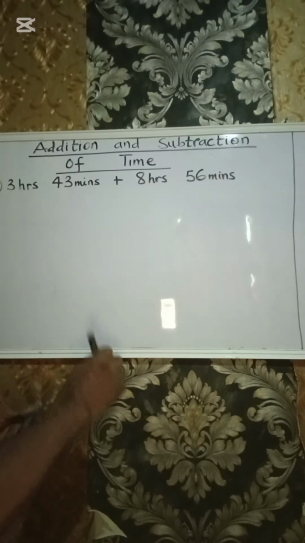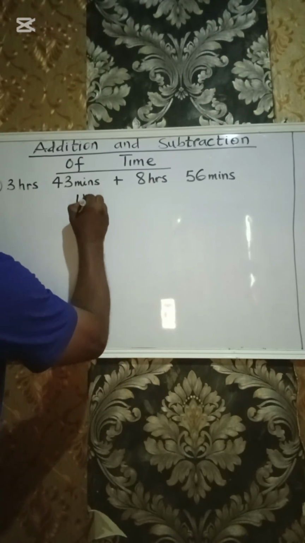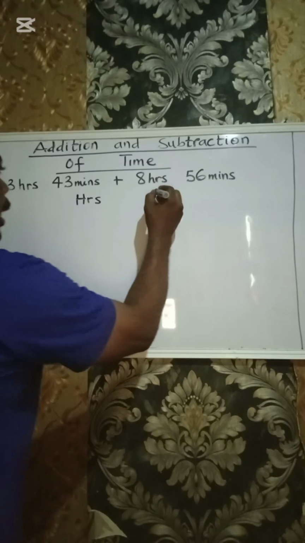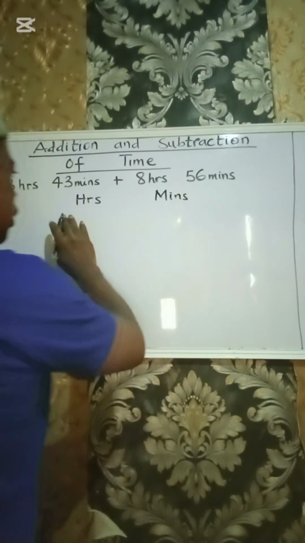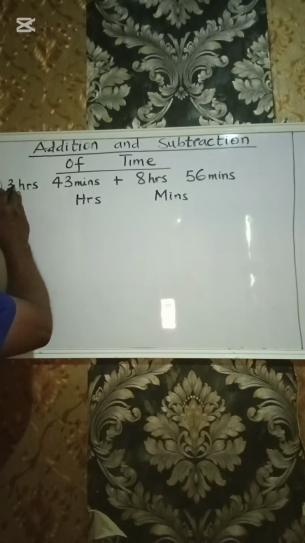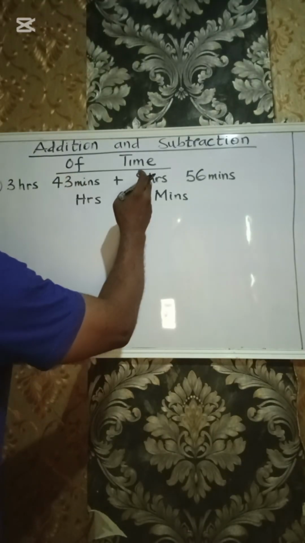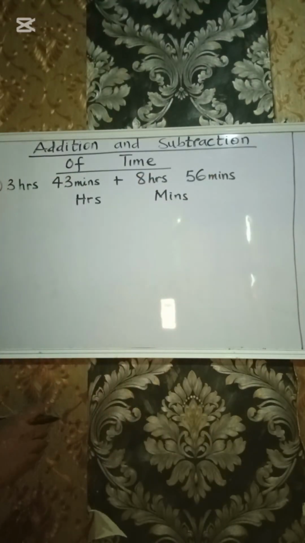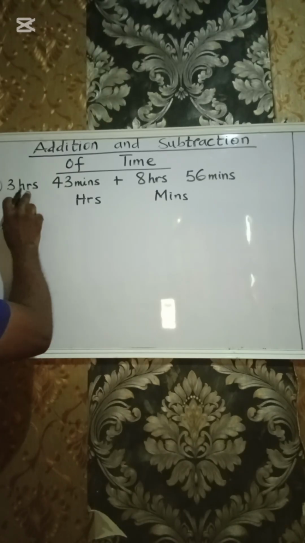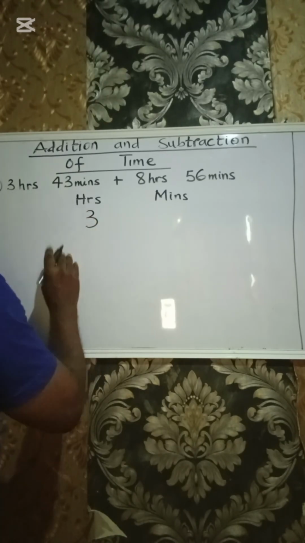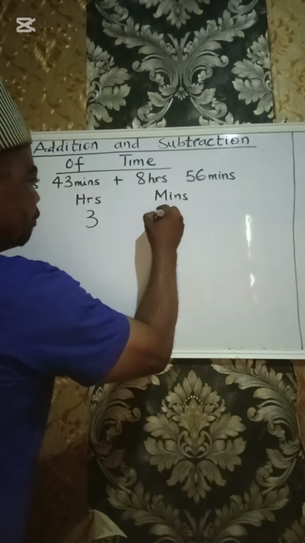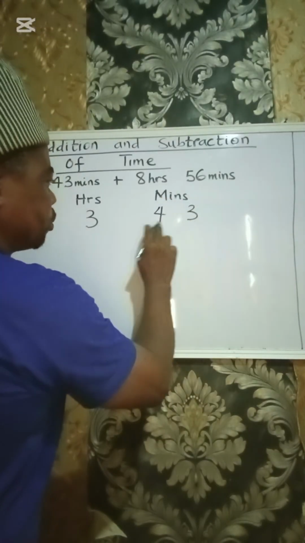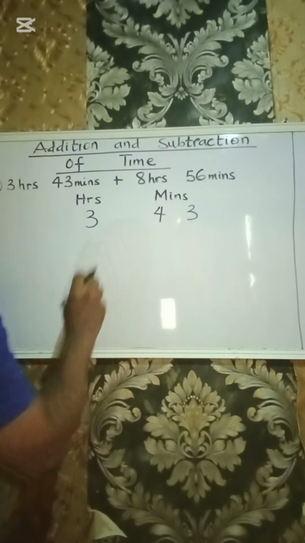So it is advised that you put your hours up here with a space, your minutes here. With this, you can now place each and every figure under where it belongs. This is 3 hours. Let it come there at 3 hours. 43 minutes, with at least a bit of space.